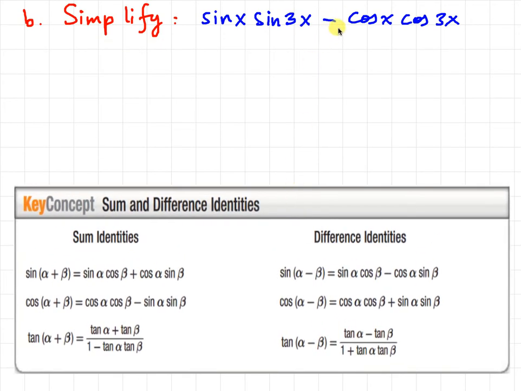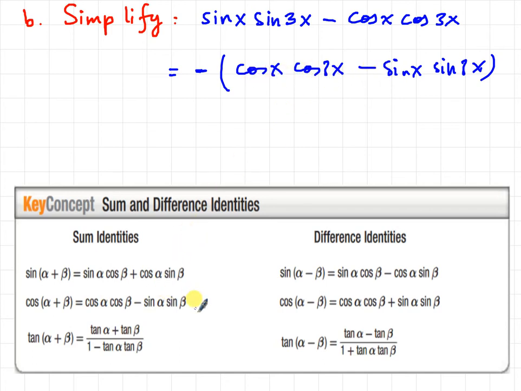Of course, I can reverse the order of those two expressions by simply taking a minus 1 common factor. When I take minus common factor, this would be cosine x cosine 3x minus sine x sine 3x. Now here I have cosine cosine, minus sine sine. So this is this part of the expression.